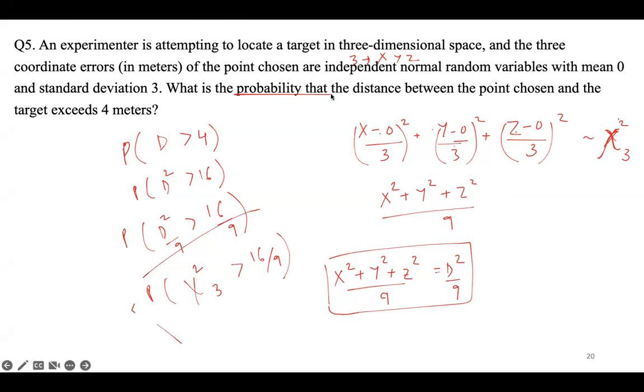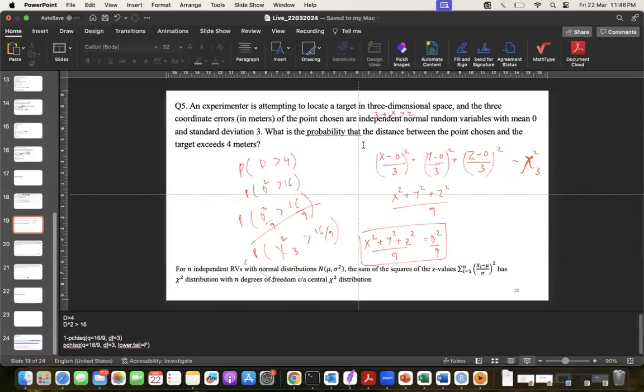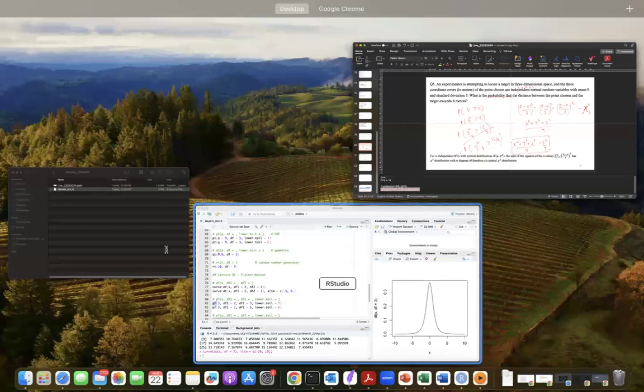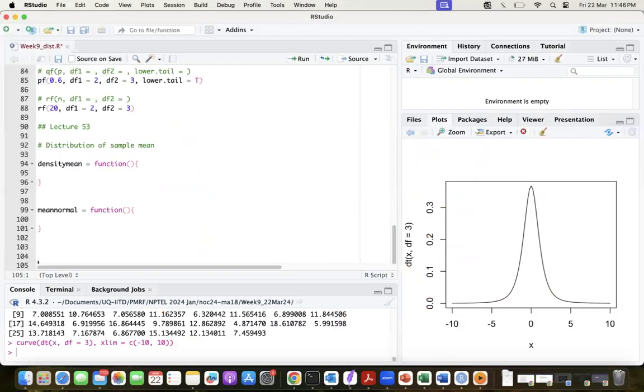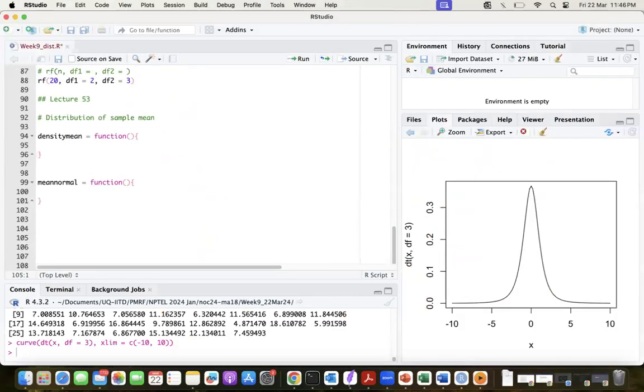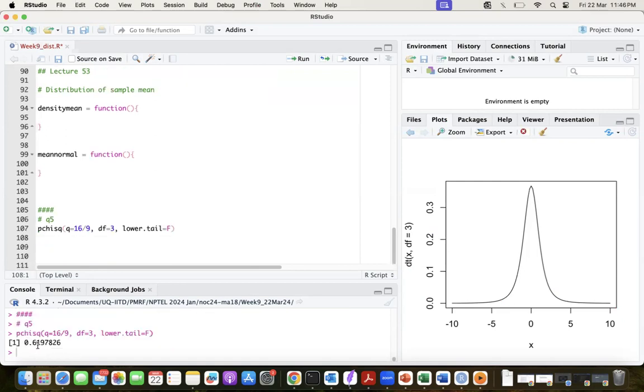I don't think I have noted what the answer is, but so this one is question number 5. If I run this thing here, it's going to give me 0.62.